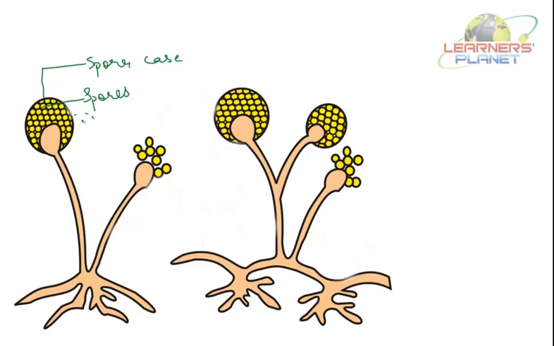And after they are released, they fall down on the soil. Right? And here the spores germinate when they land on the food source. So in this way, by spore formation also, many such microscopic single-celled bodies reproduce asexually.